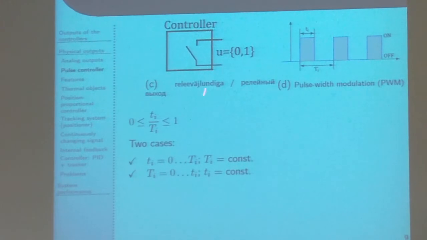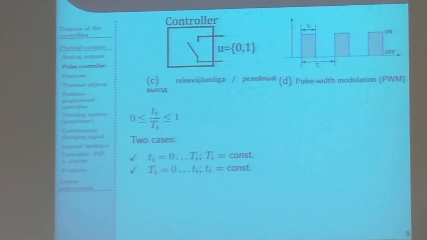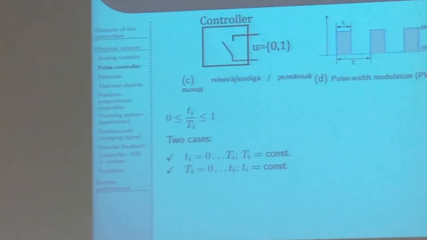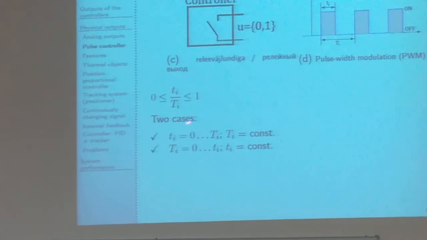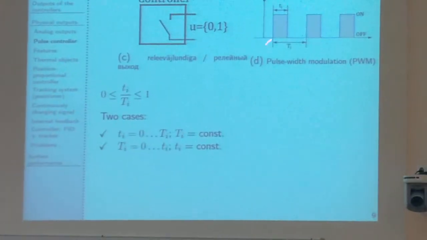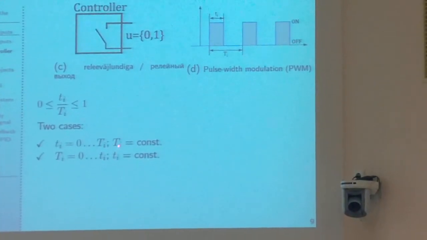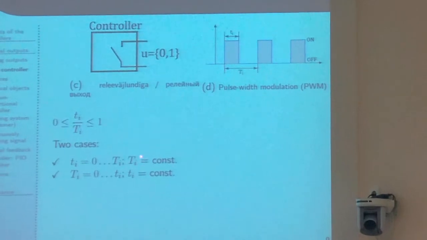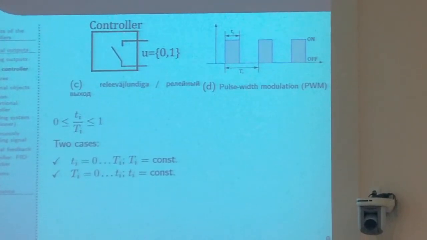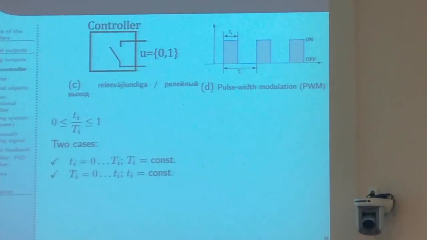Basically, there are two opposite cases where we can consider that situation. In one case, we can change the pulse width, and the control period is set by you. For example, in our laboratory work, you set it for 5 seconds.